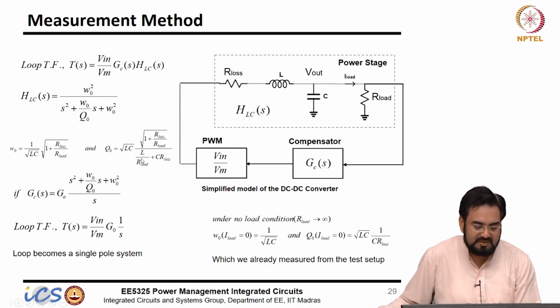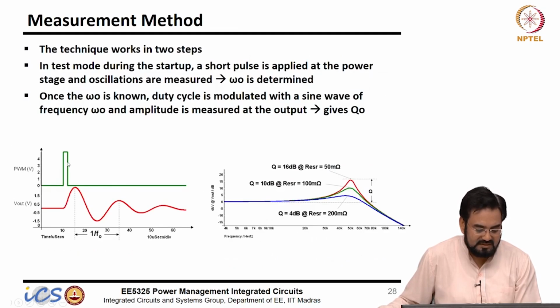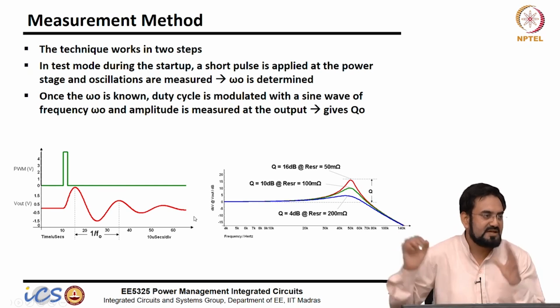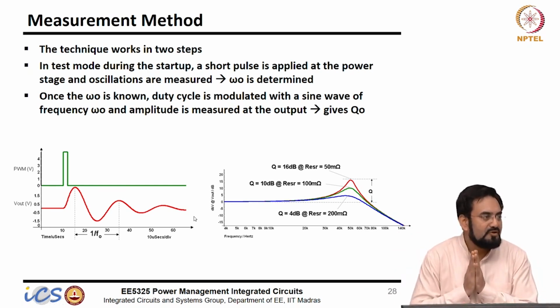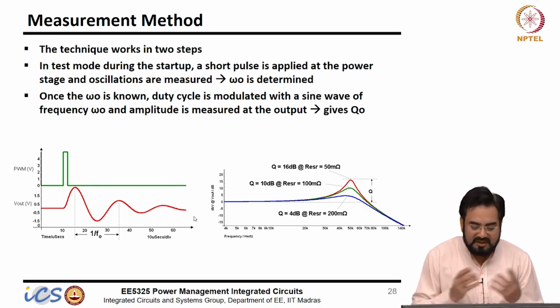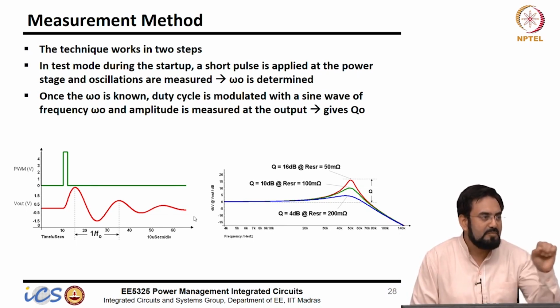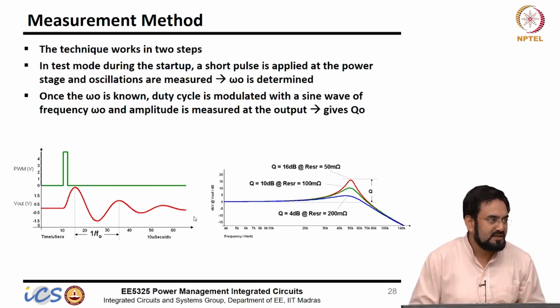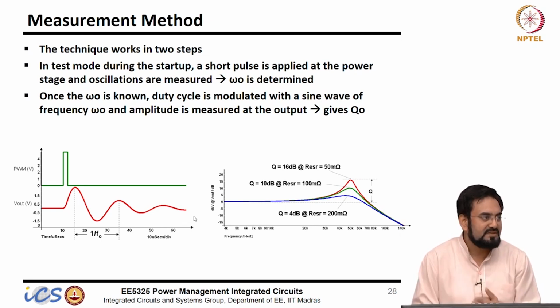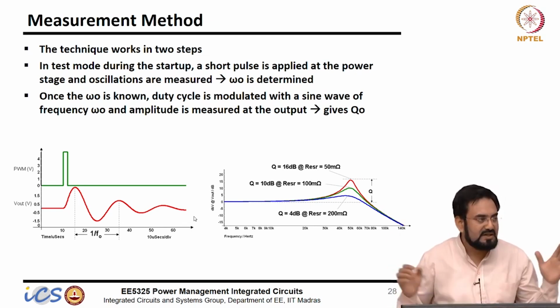So during startup you can measure this omega naught, and place your omega Z1, omega Z2. You have started and you have made sure that now your converter is stable, but you cannot ensure that you have optimum bandwidth. Let us say I want to achieve always 1/10 bandwidth, or the best bandwidth and phase margin across all conditions.